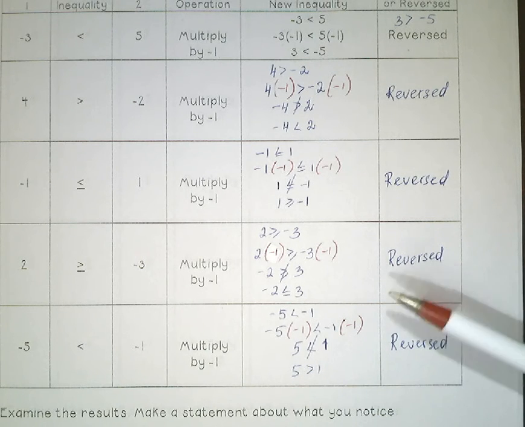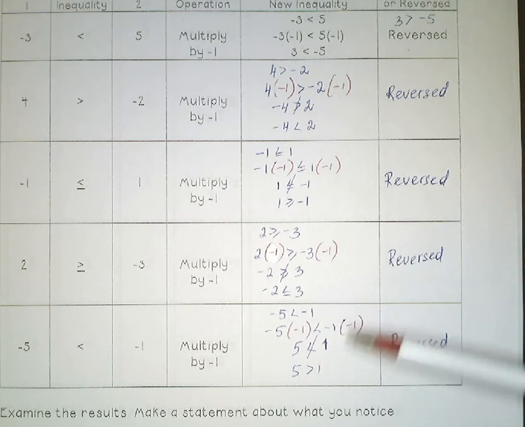So after we look at all of these examples, we can make a conclusion: when we multiply both sides of an inequality by negative 1, the inequality sign gets reversed, right? So let's write that down.